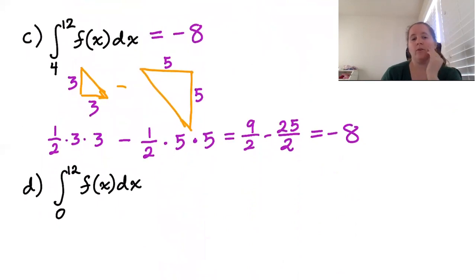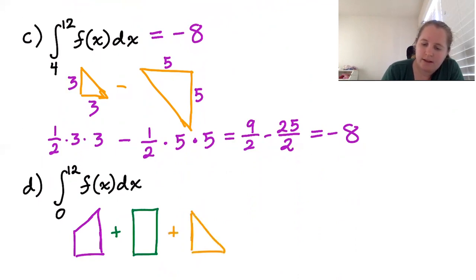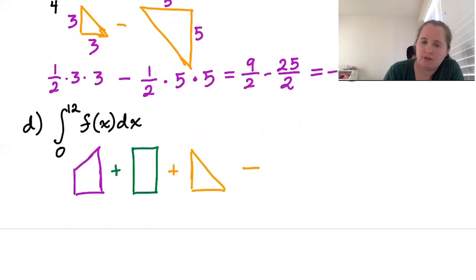So now if I want to go from 0 to 12, that's all those pieces that we just had, right? From 0 to 12, we have our purple trapezoid plus our green rectangle. Then we add on our smaller triangle and then subtract off our large triangle.